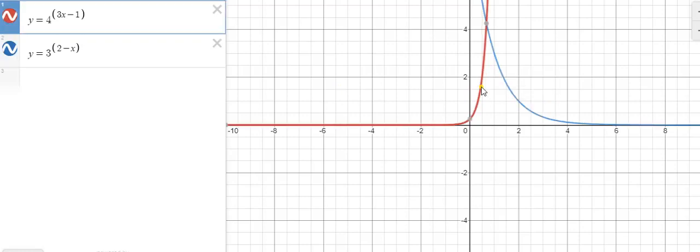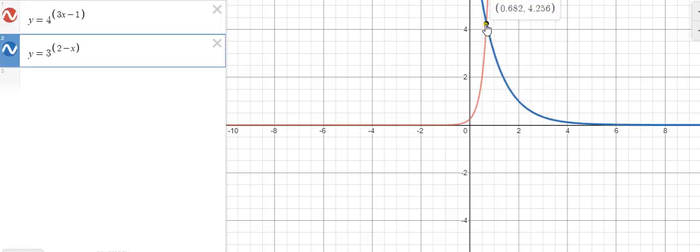I have both of these graphs, and we see where they intersect. Look at the x value. It says approximately 0.682. And that is the value that we got by solving algebraically. So you can see that the solution is the x value of the point where these two equations intersect.